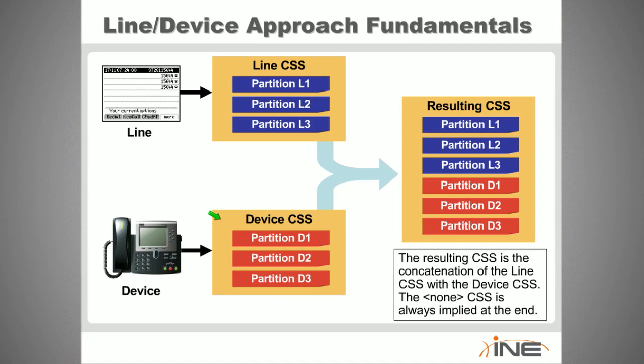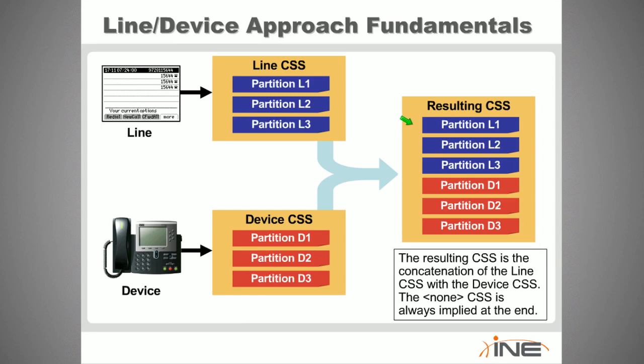This doesn't seem like simplifying. Well, if you really sit back and take a look at what we're going to look at next, which can be a fairly easy to grasp concept, you'll understand why we very well might want to have line and device as 2 separate CSSs.